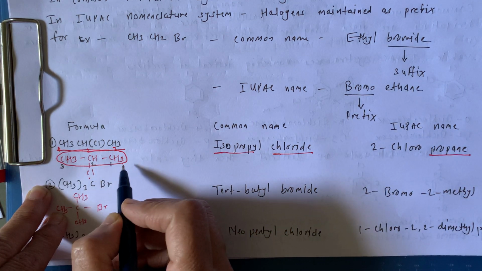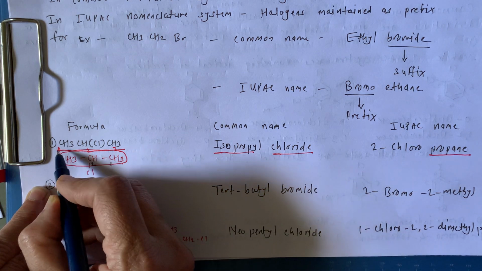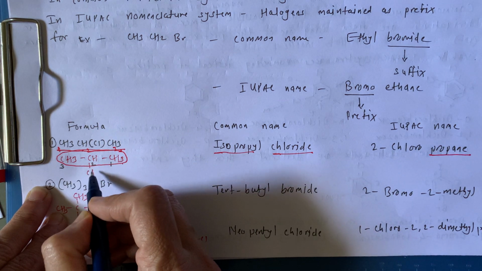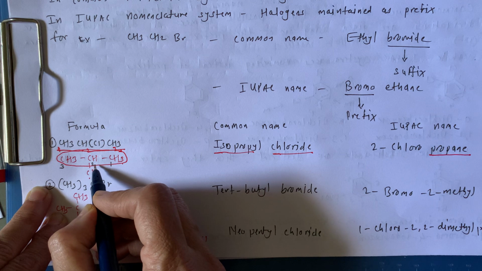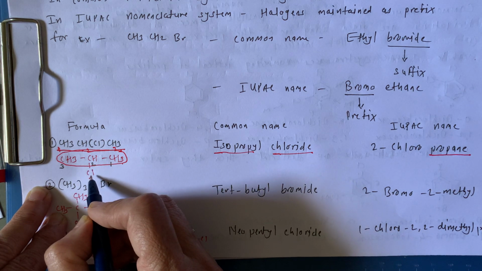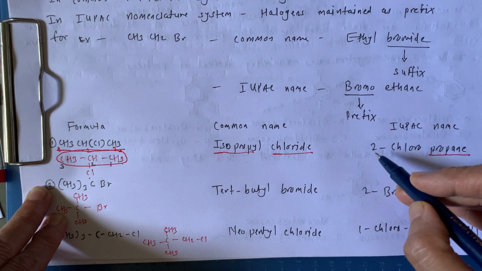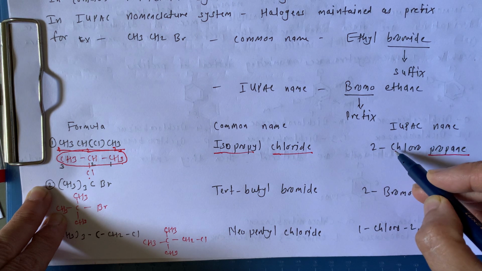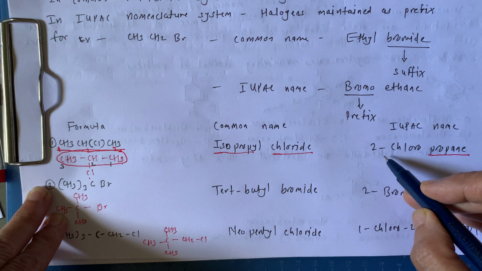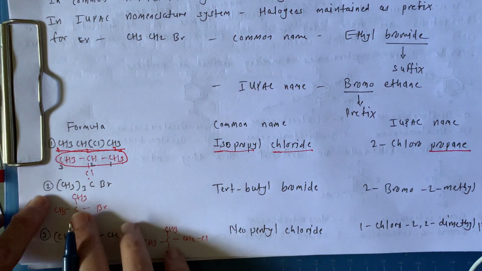Then from the right hand end numbering is 1, 2, 3. Similarly from the left hand end numbering is 1, 2, 3. So from both ends, the lowest possible locant is at carbon number 2, and there is chlorine. So this is our 2-chloropropane. We have to write down the number of the carbon where chlorine is attached. In between the number and the alphabet there is a dash. So this is 2-chloropropane.